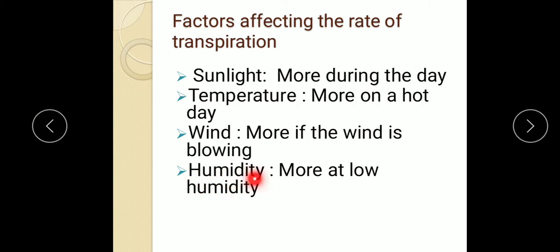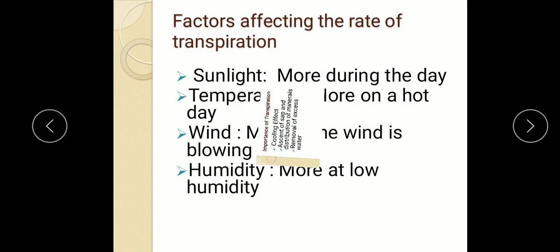If the air is humid, the rate of transpiration is low. Humidity means the amount of water vapor present in the atmosphere. So, if the surrounding of the plant has more water vapor, meaning it is more humid, then the rate of transpiration will be low. So, these are the factors affecting the rate of transpiration: sunlight, temperature, wind and humidity.